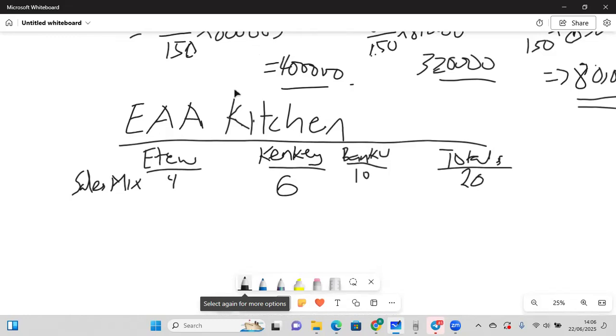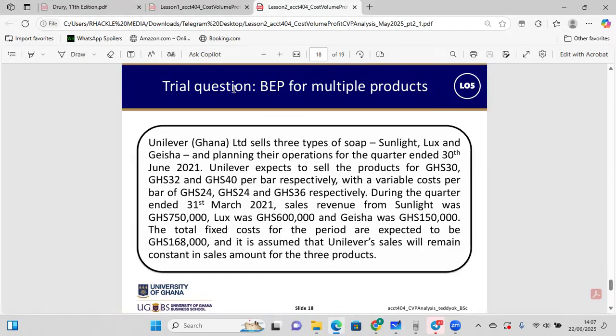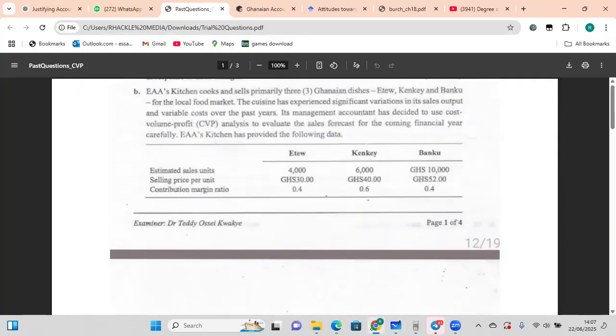Right. Now, what we will need to do is to find our contribution before we will be able to get our weighted average contribution margin. Remember, the question is saying that contribution margin ratio is 0.4, right?